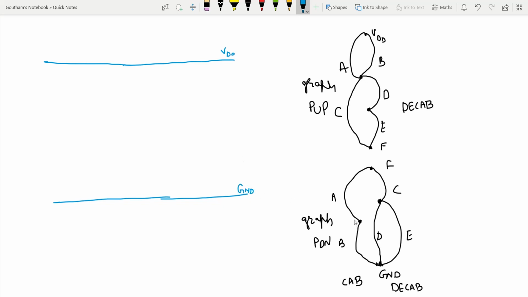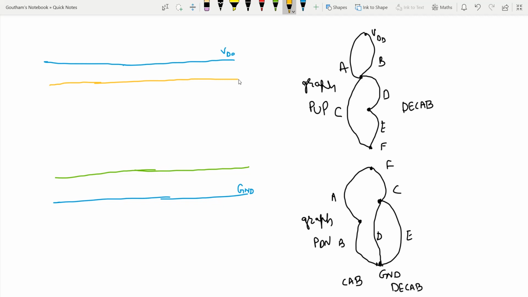Okay, and we know that NMOS transistors are near to the ground, and we know that N diffusion is green in color. So this is my N diffusion, and we know that PMOS transistors are made of P diffusion, and P diffusion is yellow in color. So I take the yellow color and I draw it near VDD.